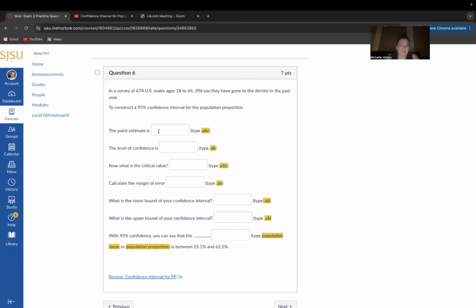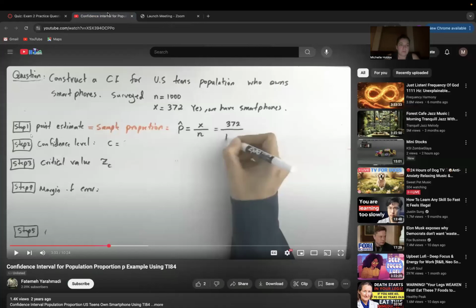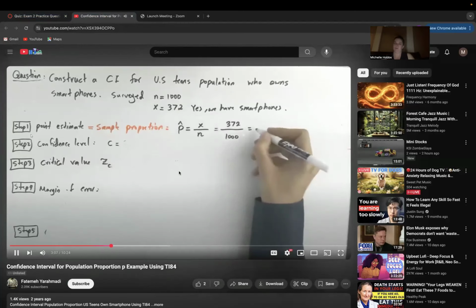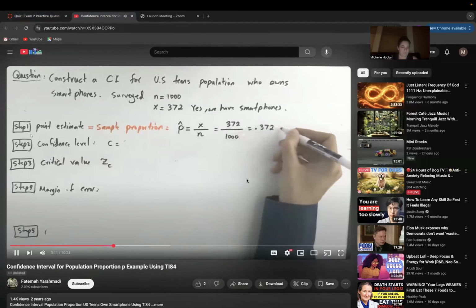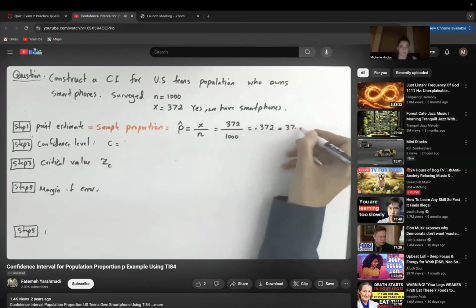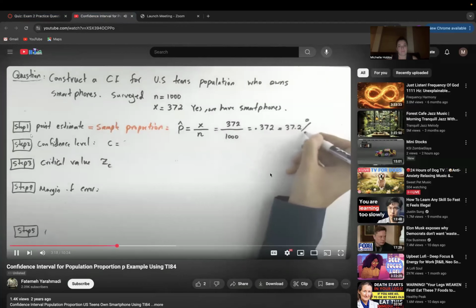So we're figuring out the point estimate, the sample proportion. That'll be 372 over 1,000, which is going to be 0.372, or you can write it in percent form, which is 37.2%.